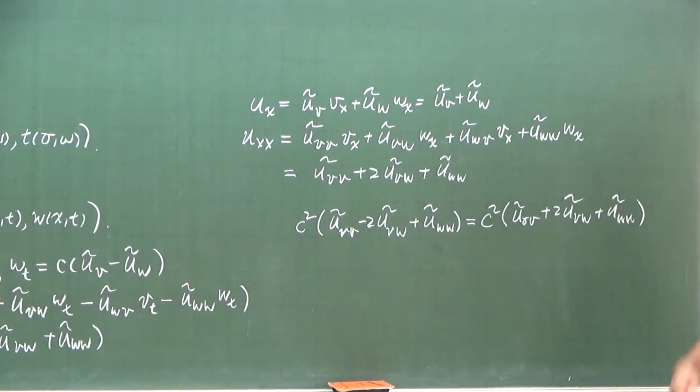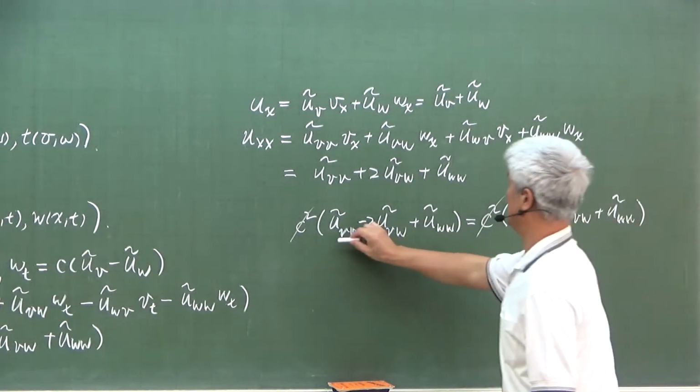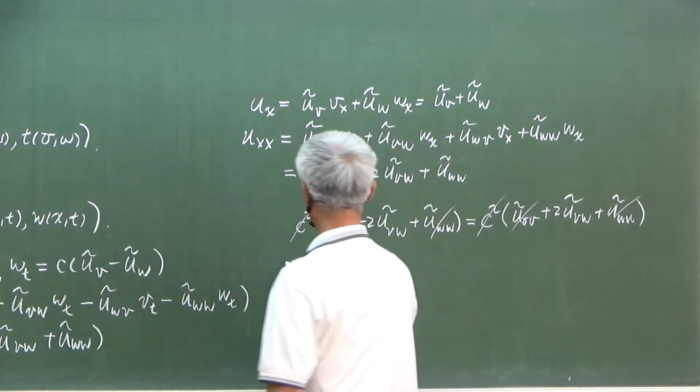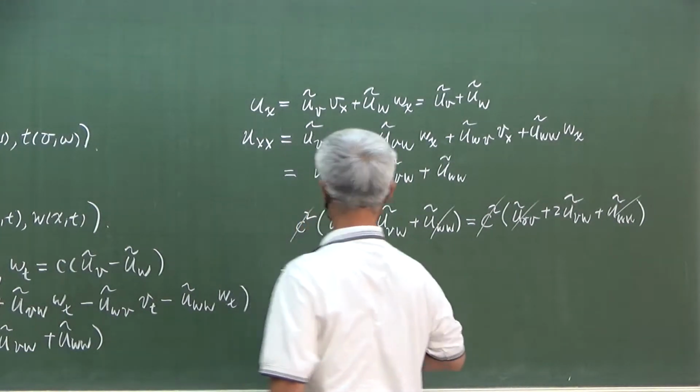Okay, just by substitution, so we cancel them, and we cancel this one and this one. So finally, we have u_vw is 0.